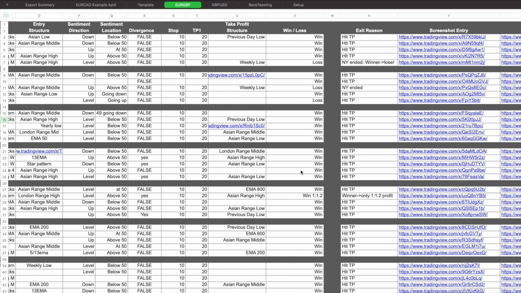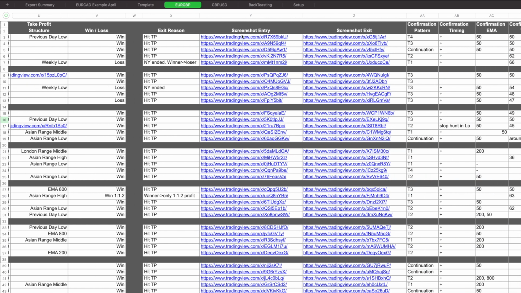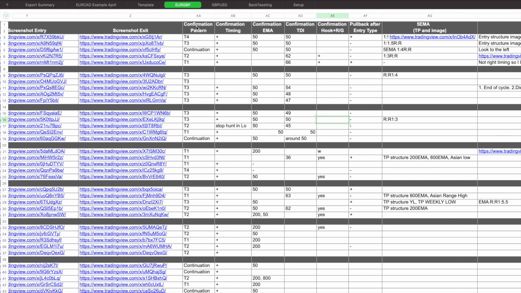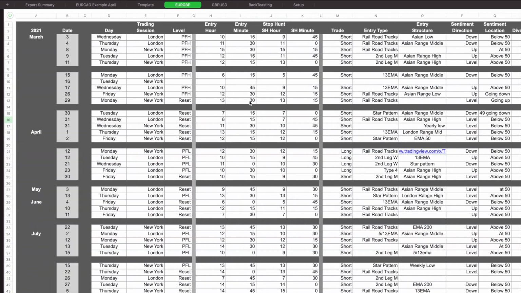Was it a win? Was it a loss? Reason for exiting: hit take profit, or whatever the case may be. And then most importantly, you're screenshotting your entry, you're screenshotting your exit, and you're doing all these confirmation patterns. So this is an example of collecting data.